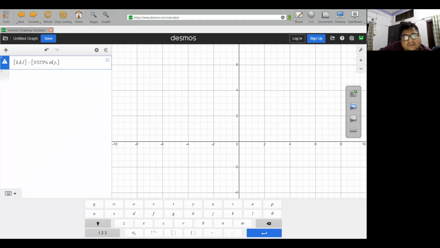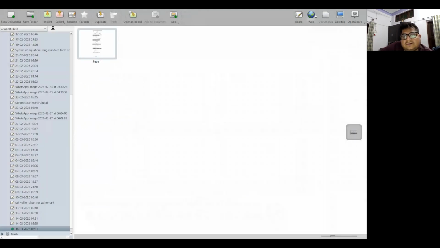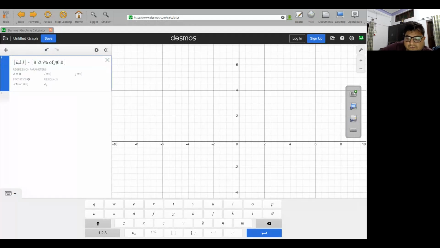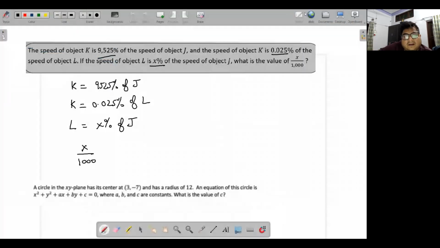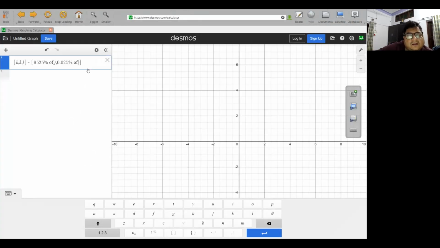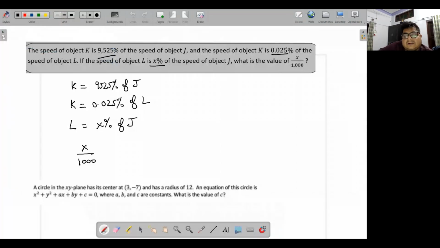Another one is 0.025% of K. Is it K or L? It's L. Instead of K, I write L. Then comma. Next part is x% of J.